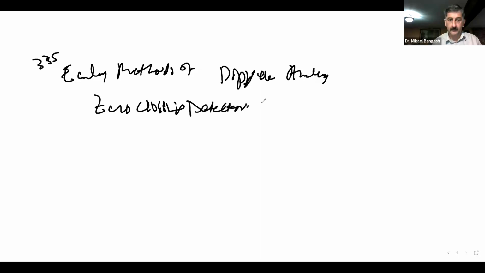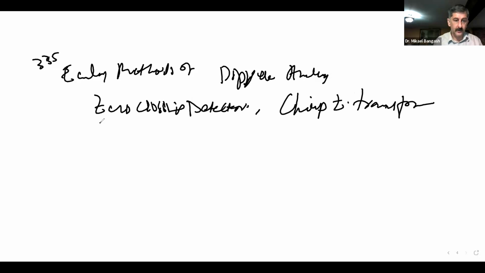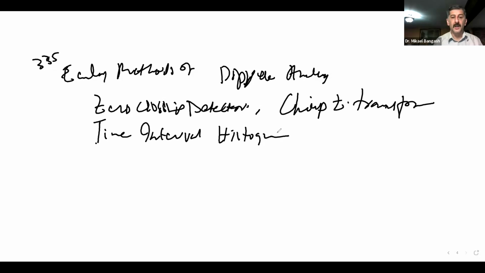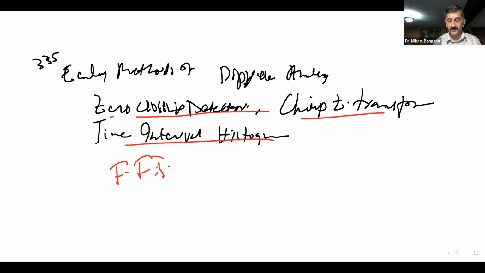There's even something that they call chirp Z transform. And the last one is what they call time interval histograms. So these are mainly the predecessors of what we now call fast Fourier transform.